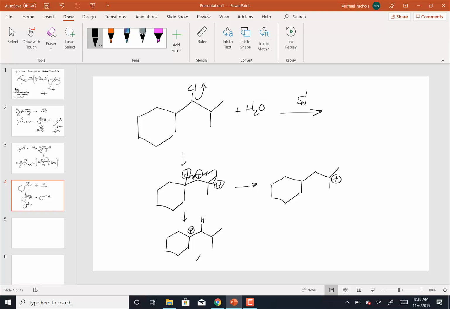So let me ask a question. Which one's more stable, A or B? And I will give you the option of C, that they are both equally stable.